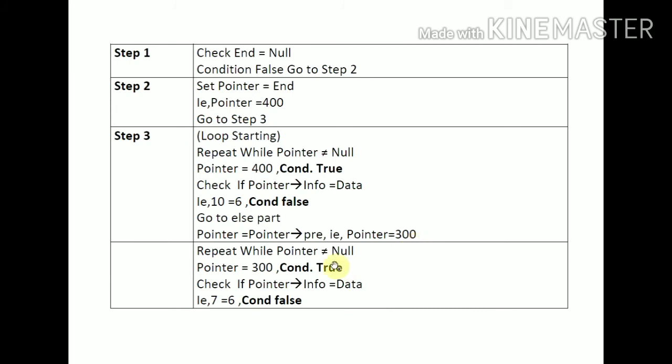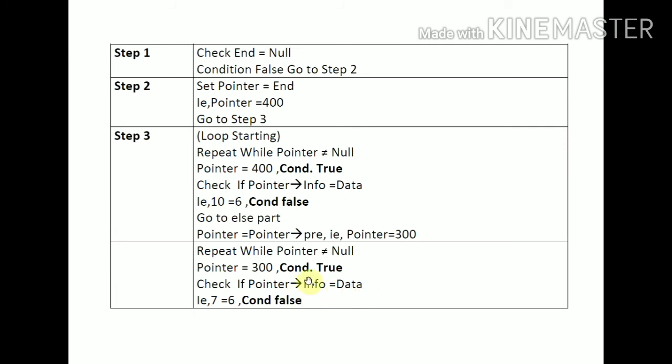Again the step has to be repeated. While pointer not equal to null, pointer equals 300, so this condition is true. Again we check the info part: if pointer info equal to data.